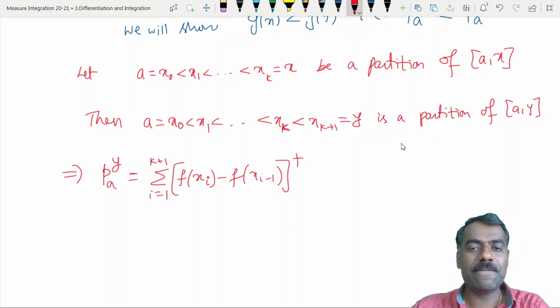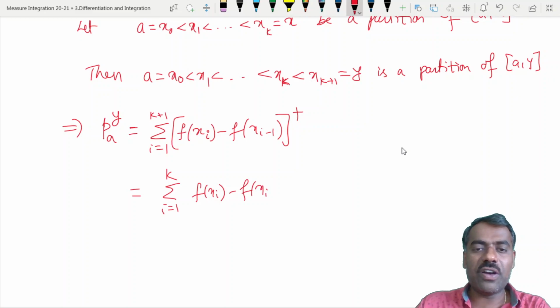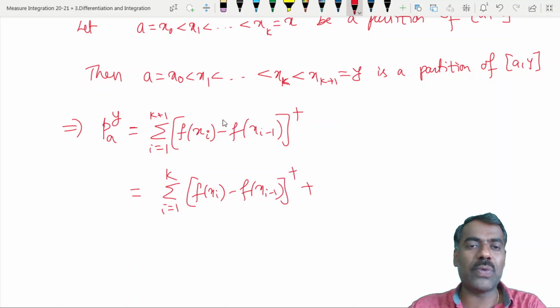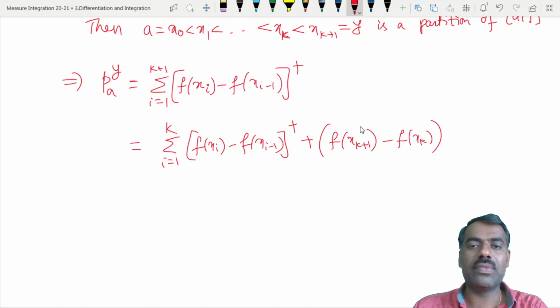But this one I can write as summation i equal to 1 to k of the positive part of f of xi minus f of xi minus 1, and when I expand the k plus 1 term, I will get the positive part of f of xk plus 1 minus f of xk.